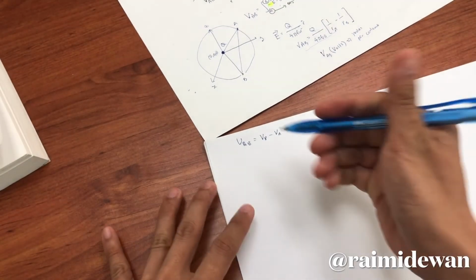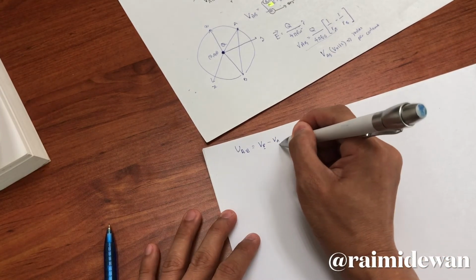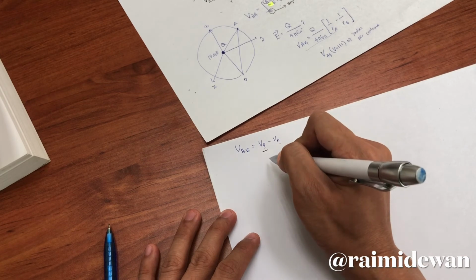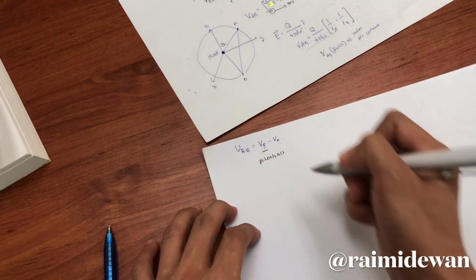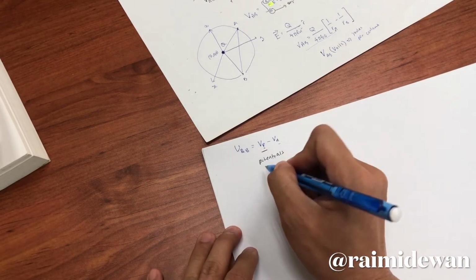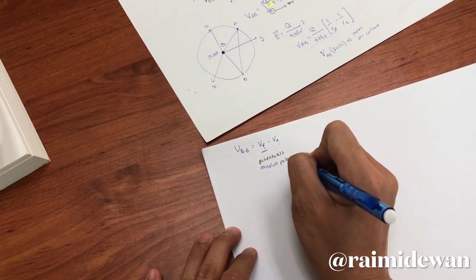If you have this in one subscript term, this one is actually called potential, or also known as absolute potential.